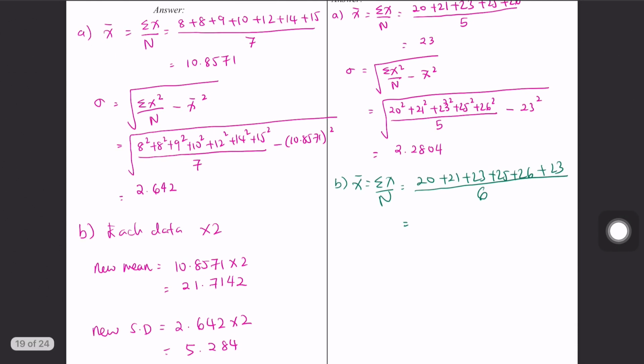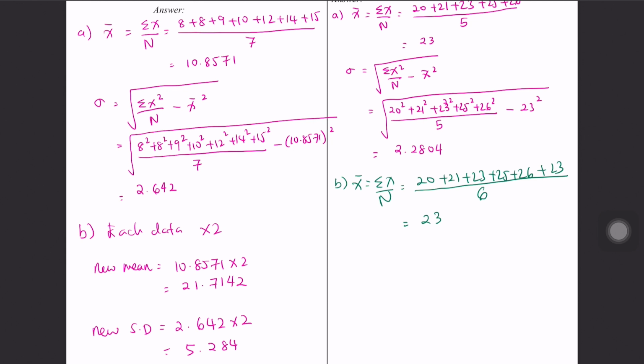Press your calculator. Dapat 23. Betul kan? Jadi 20, 21, 23, 25, 26, 23 divided by 6, dapat sama 23.